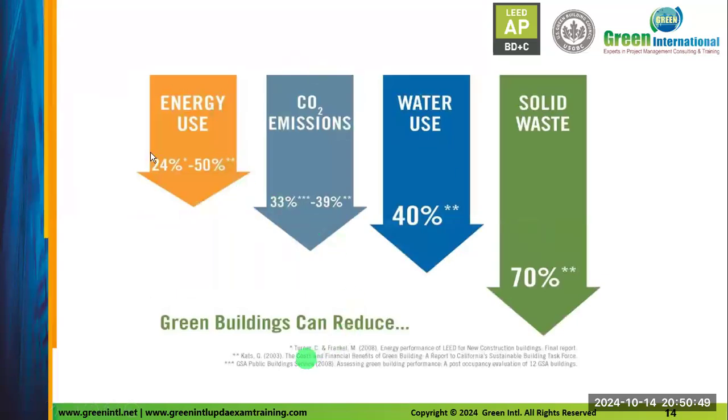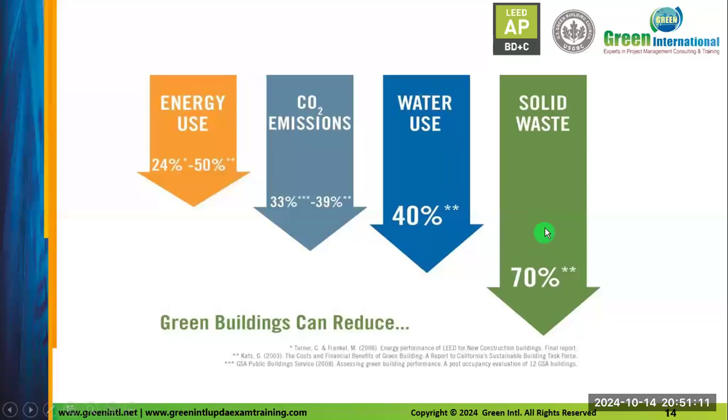Green building can reduce all these: energy, CO2 emission, water, and solid waste. And these numbers are also indicative. So solid waste reduced by 70 could be 60, 50, or more than 70. But this is just for standard case buildings, buildings that achieve LEED certified, silver, and gold, not platinum.